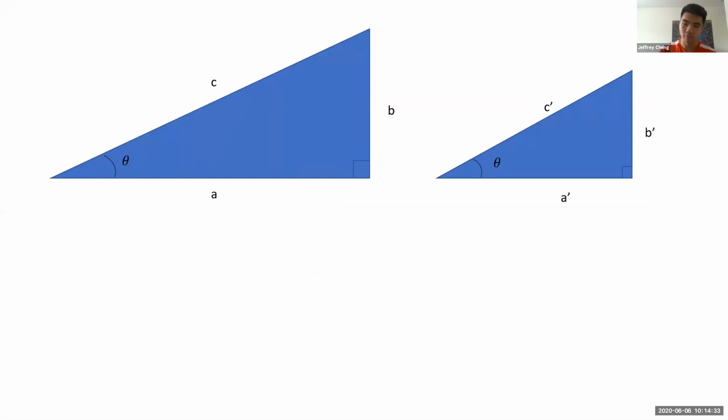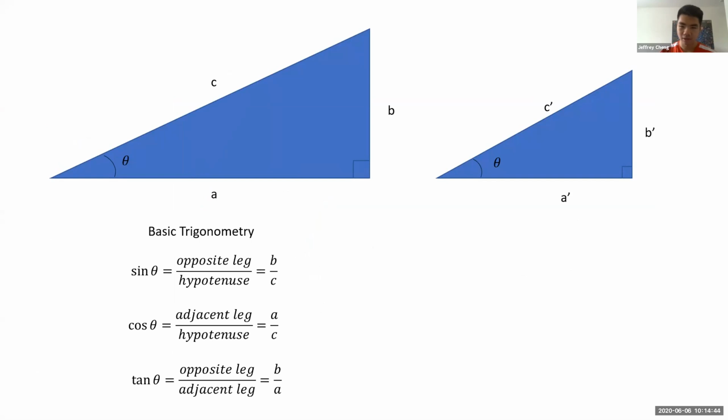So for those of you who haven't really done trig yet, this might be a little complicated for you. But in summary, for trig, those of you who do know it, we have sine, cosine, and tangent. Let's take this triangle right here.